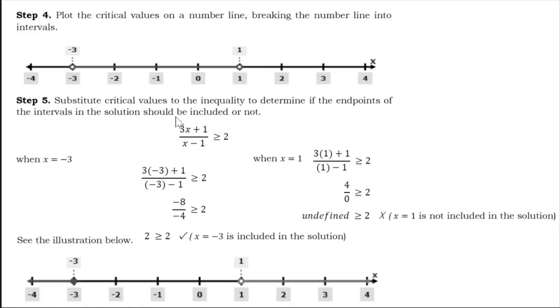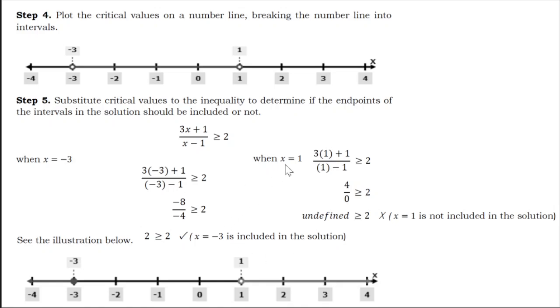So by substituting negative 3 to the value of x, we have negative 8 over negative 4 greater than or equal to 2. Then the answer is 2 greater than or equal to 2, which is true. So meaning x is equal to negative 3 is included in the solution.